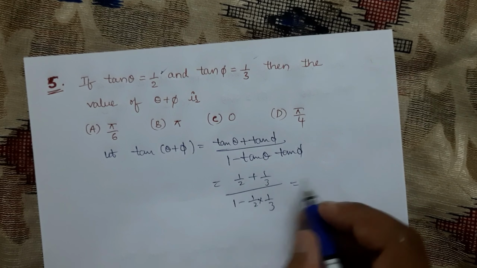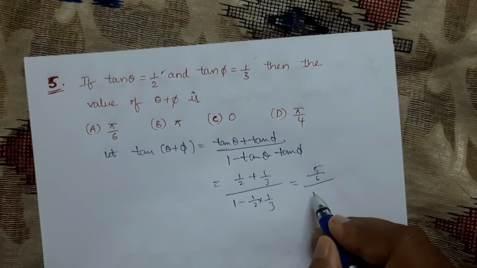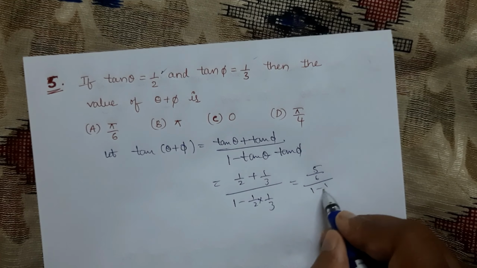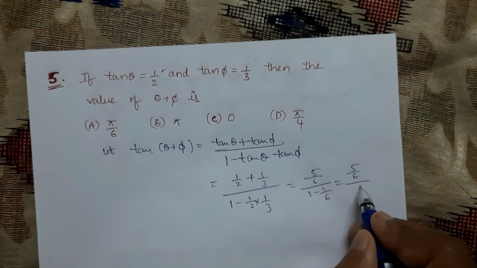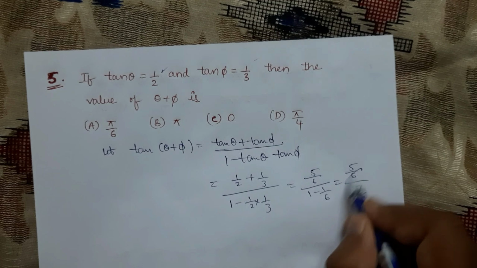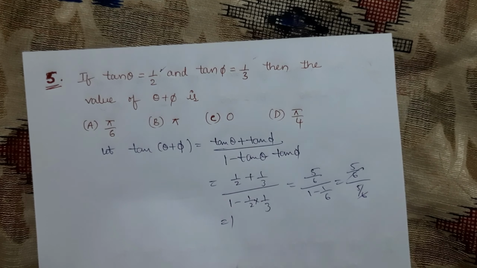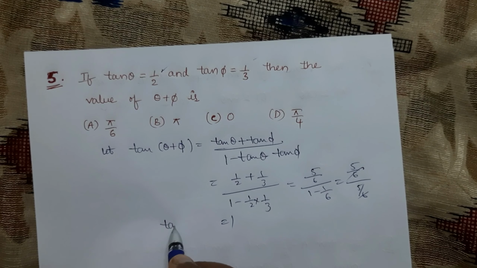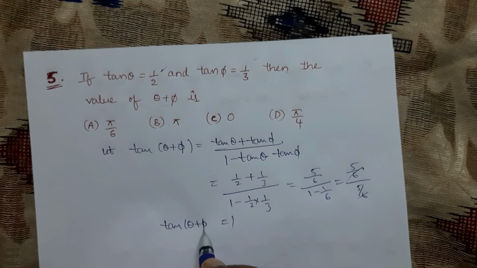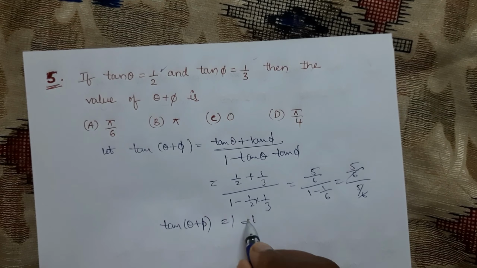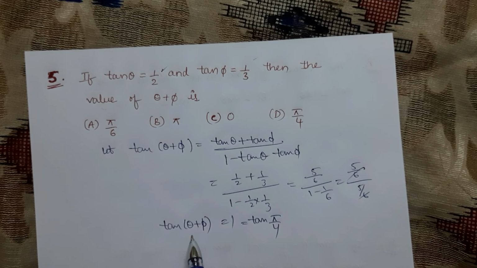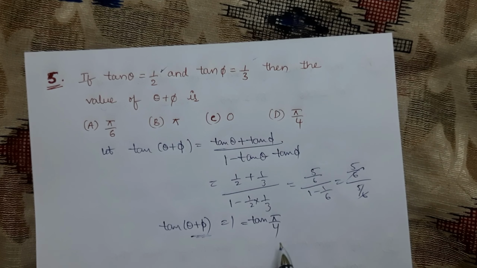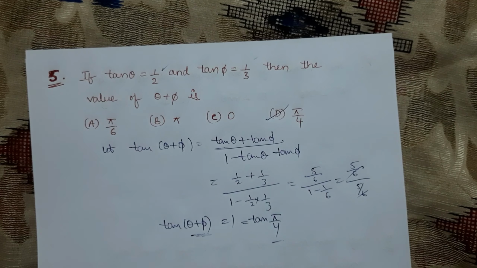Taking LCM, we get 5 by 6 divided by 1 minus 1 by 6, which is 5 by 6 divided by 5 by 6. They cancel, which is equal to 1. That means tan of theta plus phi is equal to 1. We can write that 1 as tan pi by 4. Then obviously theta plus phi will be equal to pi by 4.